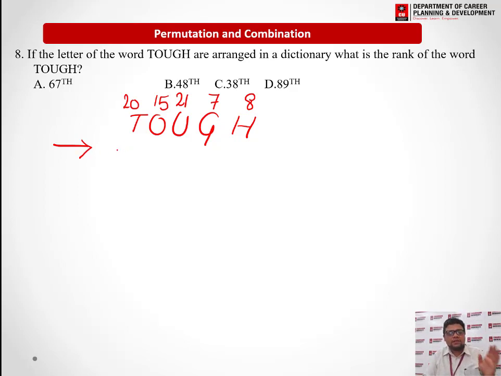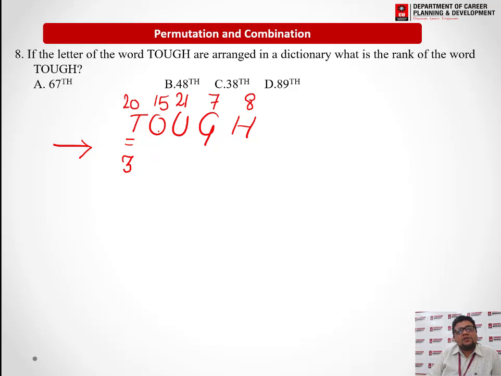We move from the left hand side to the right hand side, and we find the number of letters with lesser positions than the given letter. Firstly, letters lesser than T are O, G and H. So there are total 3, and we will write it here.